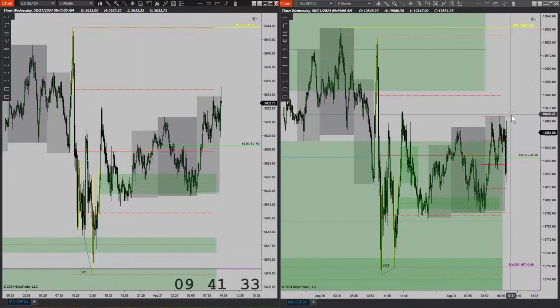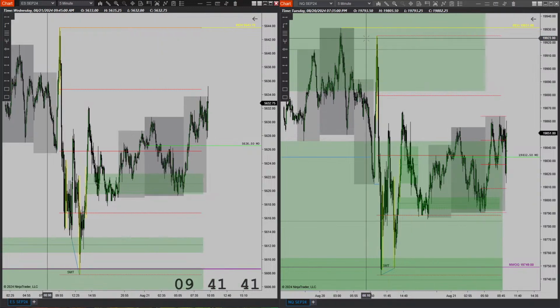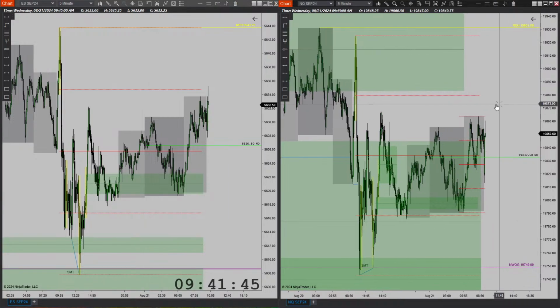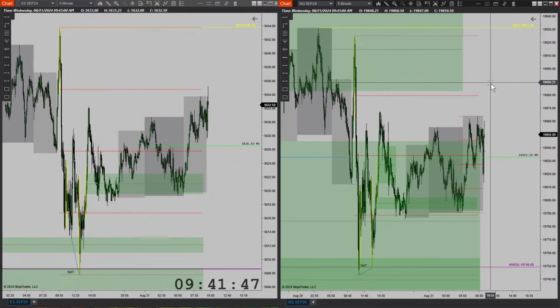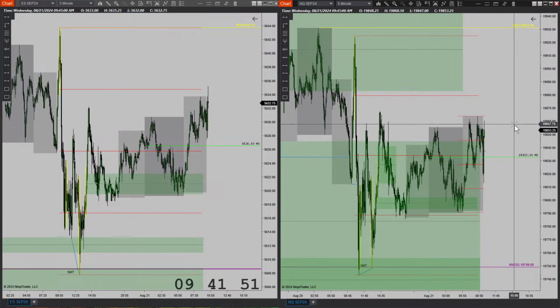And if price continues drawing higher, I want to see continued displacement without sweeping these highs. Because what that tells me is that eventually, maybe during the 10 o'clock macro, we'll see a retracement, and I want that retracement.